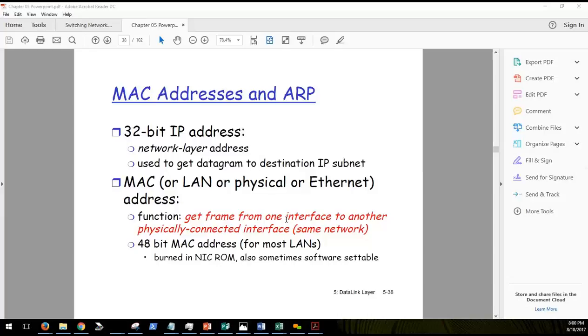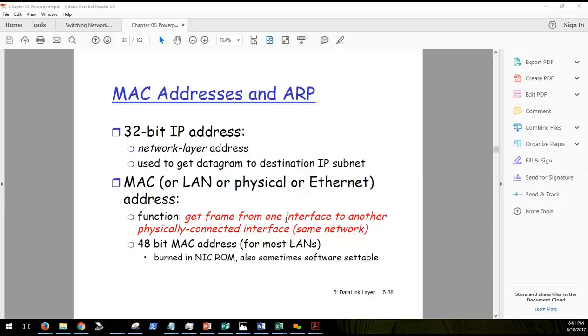The IP address, specifically IP version 4, is a 32-bit address. It is also a network layer address, and it's used to get datagrams to the destination IP subnet. The other type of address is a physical address. Some people say it's a LAN address or an Ethernet address.